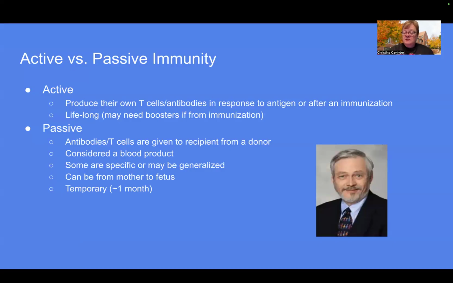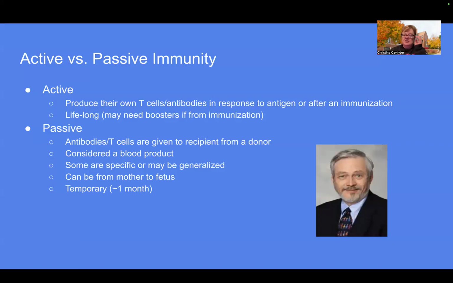If we get sick from certain bacteria or certain viruses, we create our own antibodies, so the next time we may not get as sick, or may not get it at all. Like if you got chickenpox as a kid, you don't get chickenpox later on. And these are lifelong. If it's an immunization, you may need boosters. It depends on which immunization you're getting.